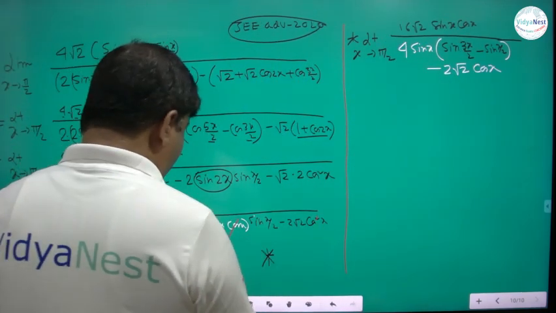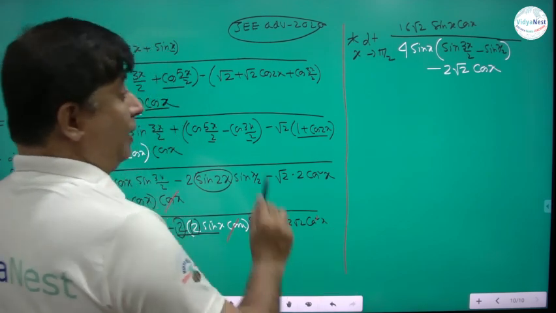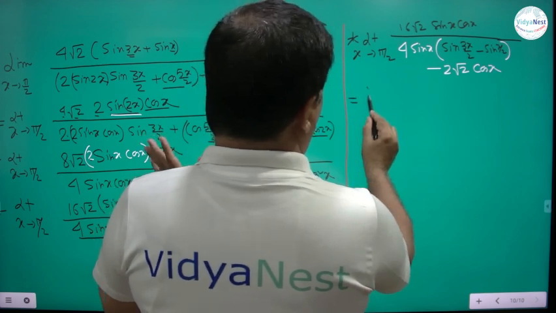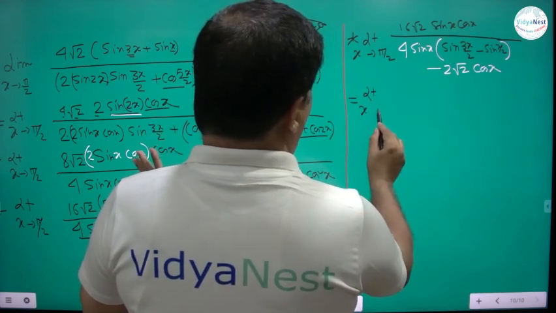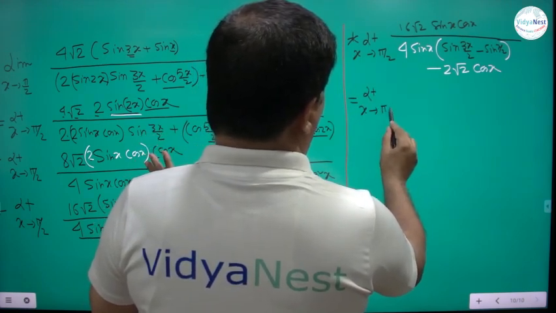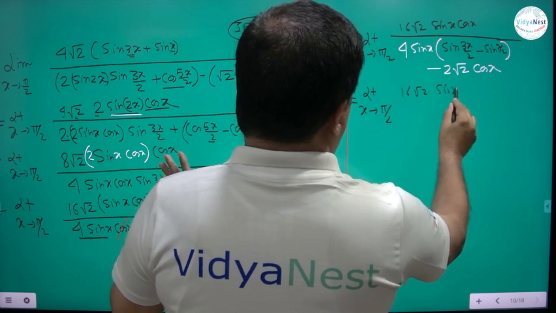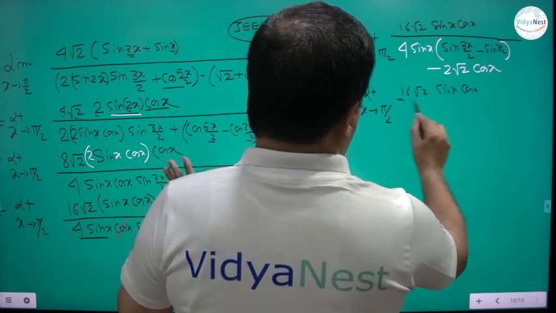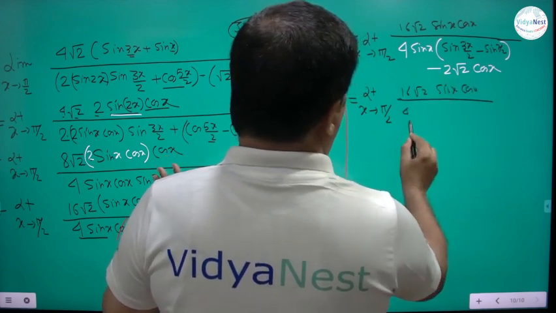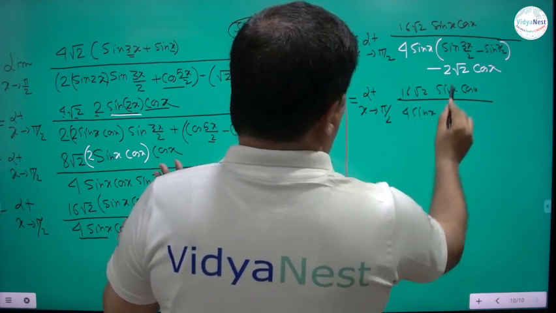Gradually, we are tending to find the limiting value and the conclusion. So x tends to pi by 2, 16 root 2 sin x cos x, 4 sin x.